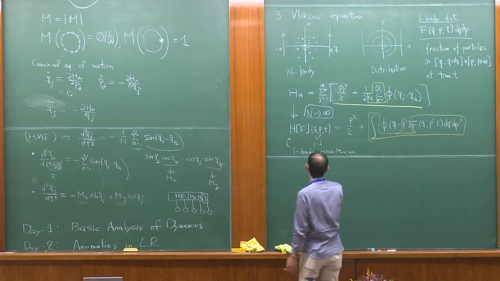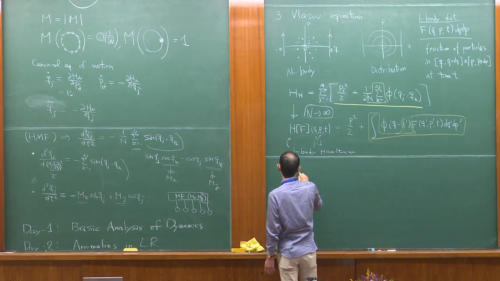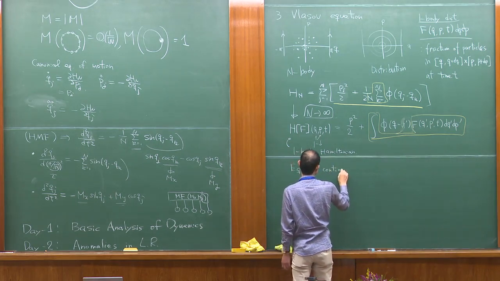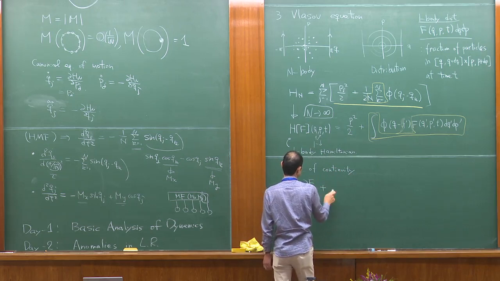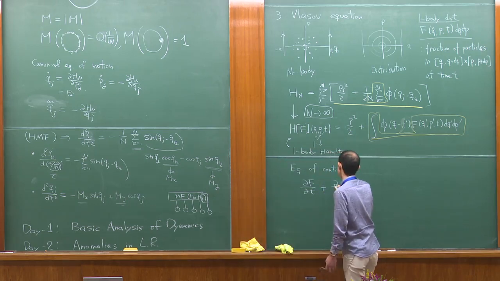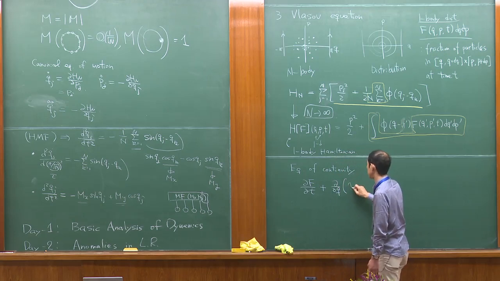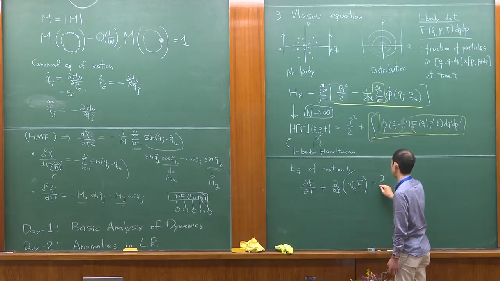So we introduce the equation of continuity. It is this one, and I start from the q derivative with the velocity for the q axis and F, plus the p part.